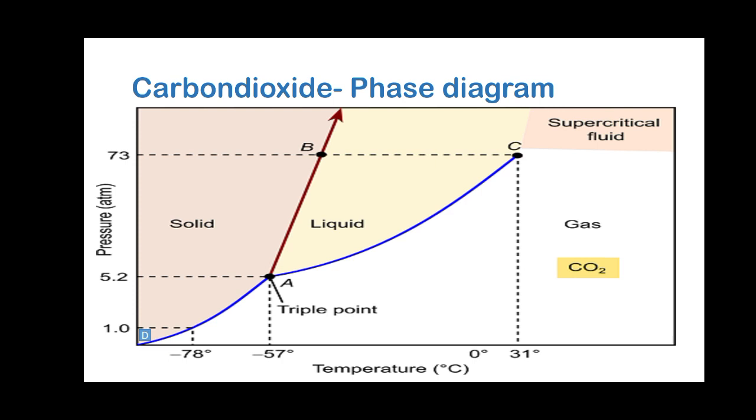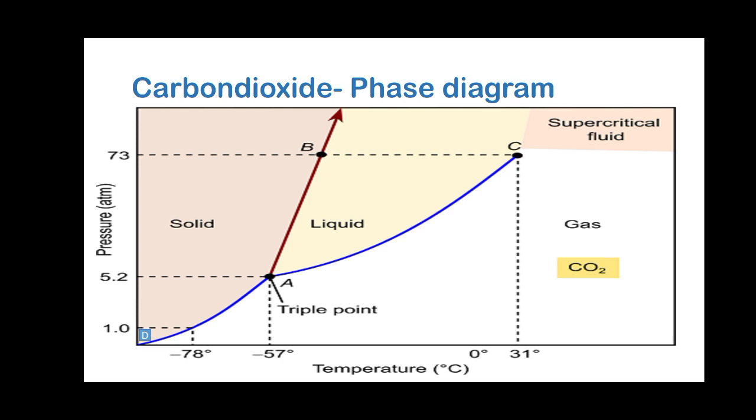And we can see three different phases of normal carbon dioxide here with another one, the supercritical fluid, in the phase diagram. In this picture of carbon dioxide, we can notice the slope of the solid-liquid boundary.